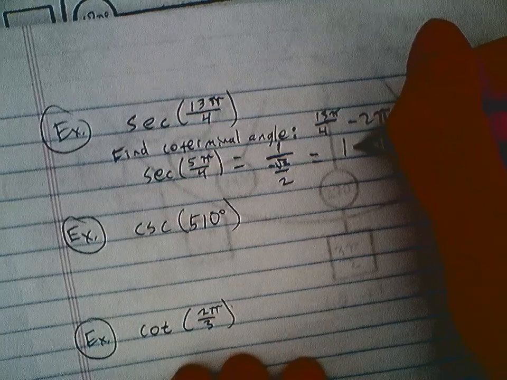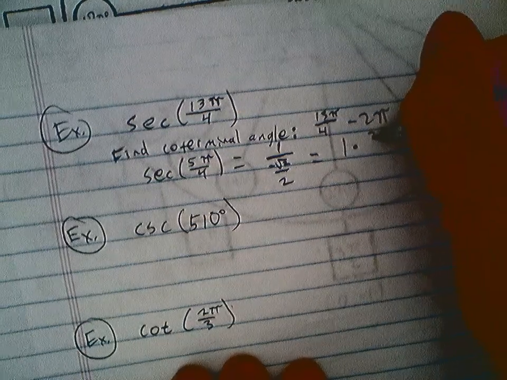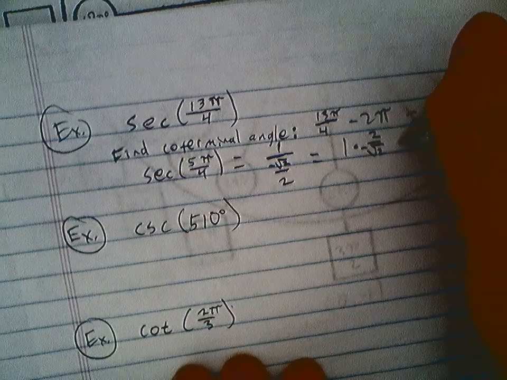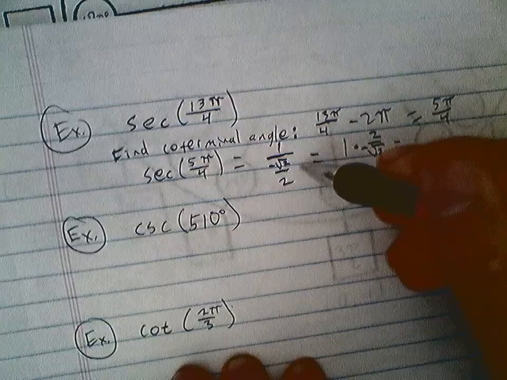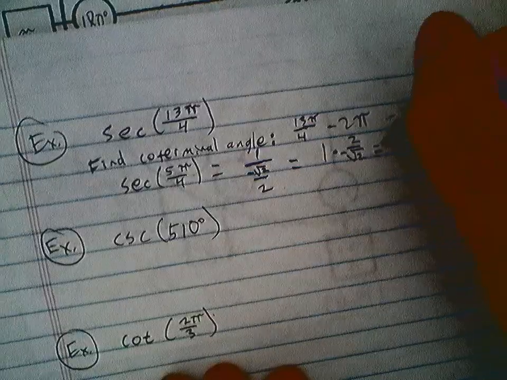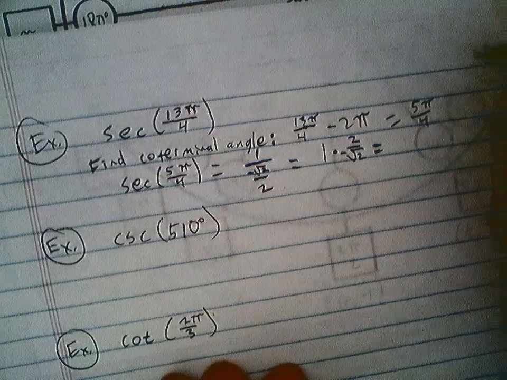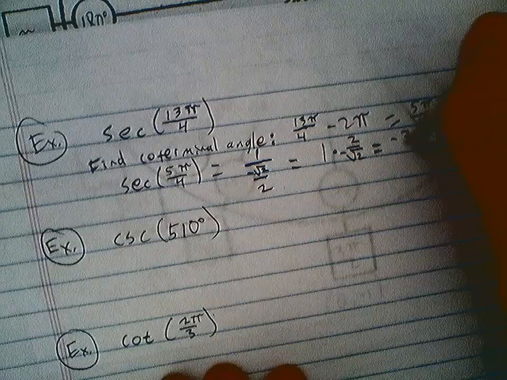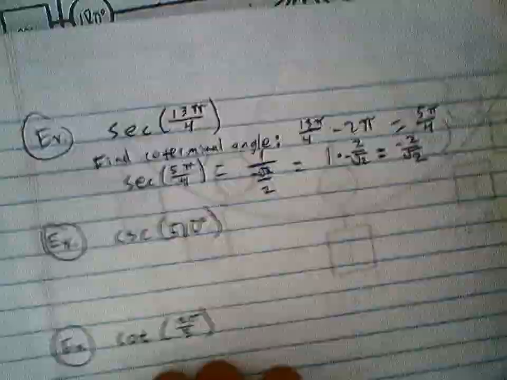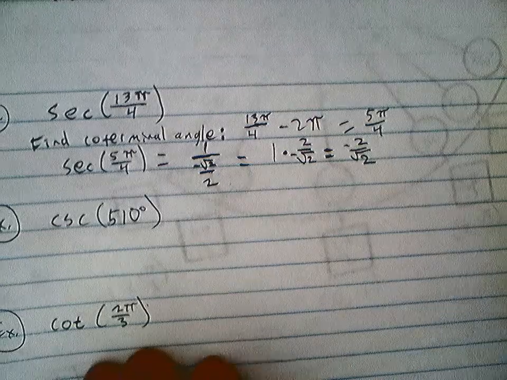So remember, dividing by a fraction is the same thing as multiplying by its reciprocal. So if I flip that bottom fraction and multiply by it, it means the same thing. So that gives me negative 2 over the square root of 2.